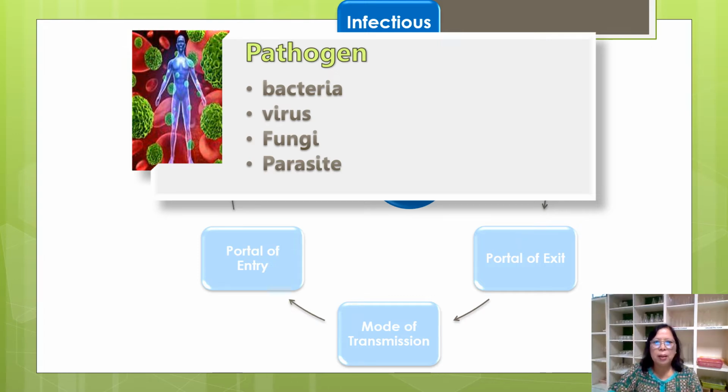The bacteria, the virus, the fungi, the parasite are actually the main causes of infection in living organisms. So if all of these are absent, there is no infection. But the presence of one or two or even more could lead to adverse effects and give a positive manifestation of the presence of infection.